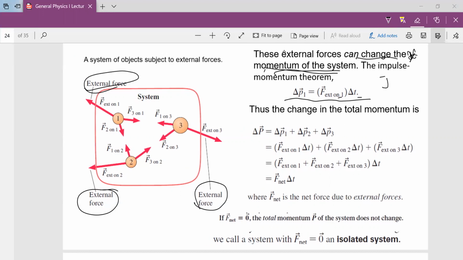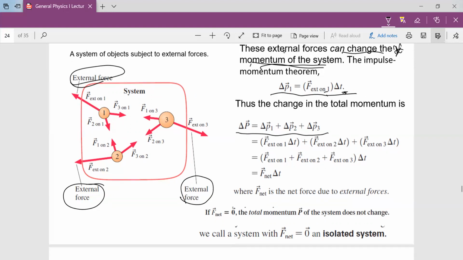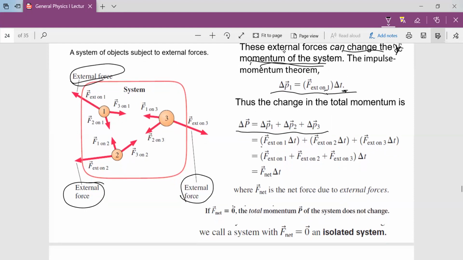So the momentum from the impulse-momentum theorem for a system that has external force will be, the change in momentum will be the external force acting on, let's say, the particular ball 1 times the time interval for that action. So we'll have the total momentum of the system as usual, the summation of vectors, which means for the P1, external force and change in momentum for change in time for that, for ball 2 and ball 3.